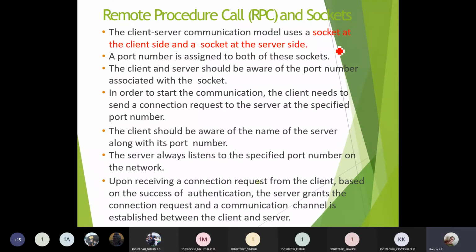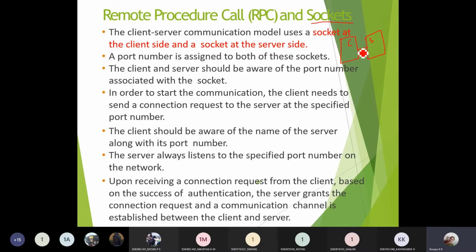As you know, usually the information which is present between both will be in terms of sockets. The information will be communicated through RPC in terms of sockets. As I told you, here you have a client and you have a server.